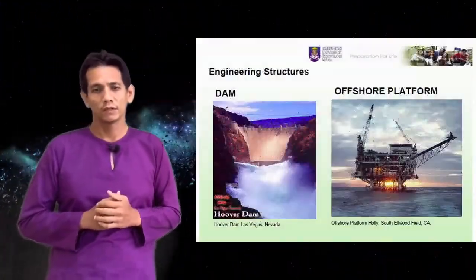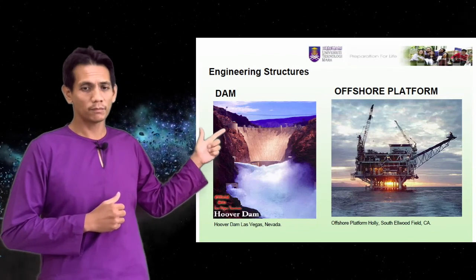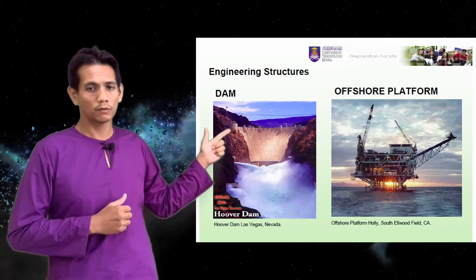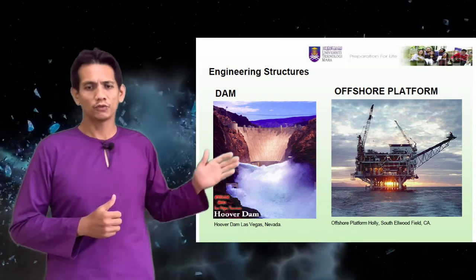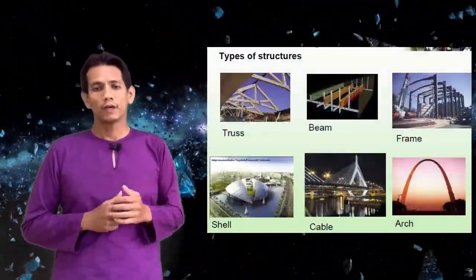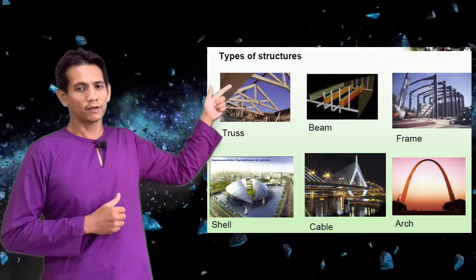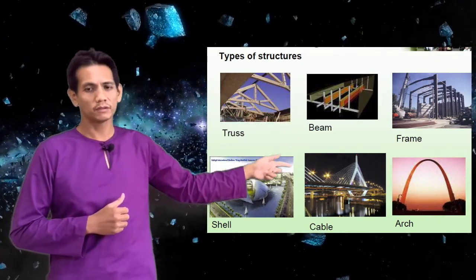We have a few examples of engineering structures. First, a dam, which is Hoover Dam, located near Las Vegas, Nevada. Then we have an offshore platform, the offshore platform in South Elwood Field, California. And then we have types of structure: trusses, beams, frames, shells, cables and arches.